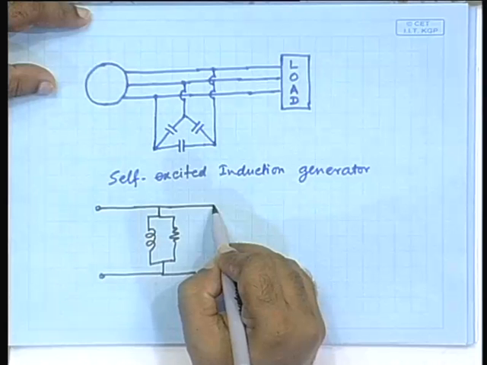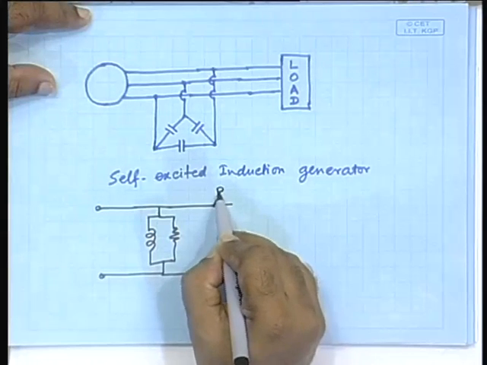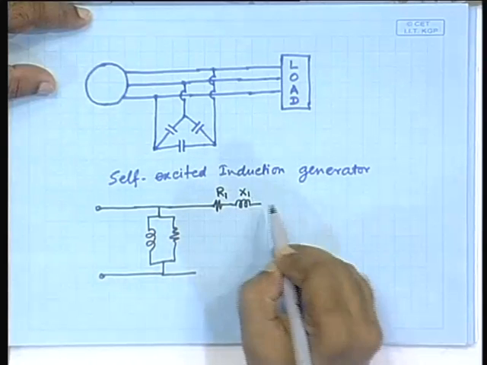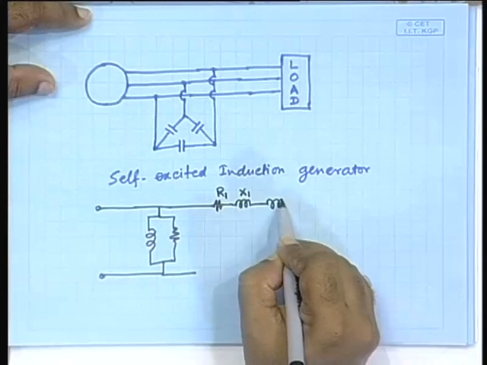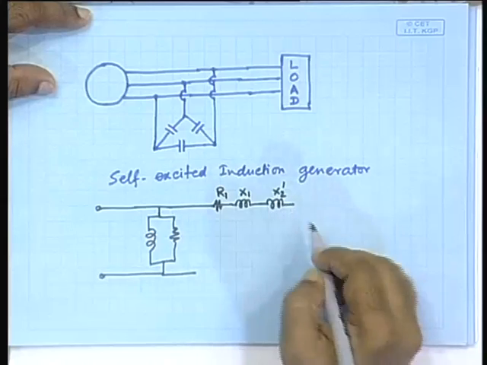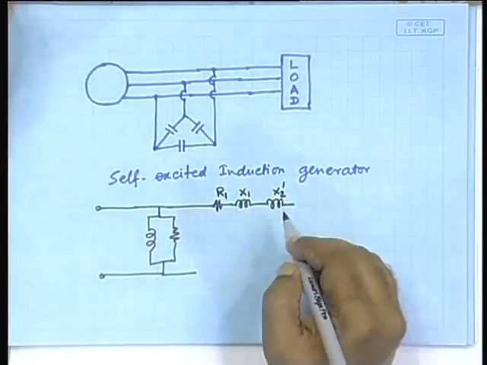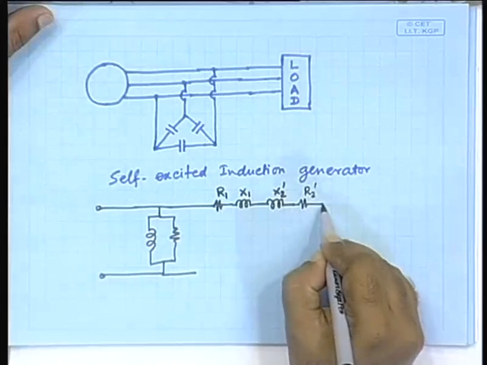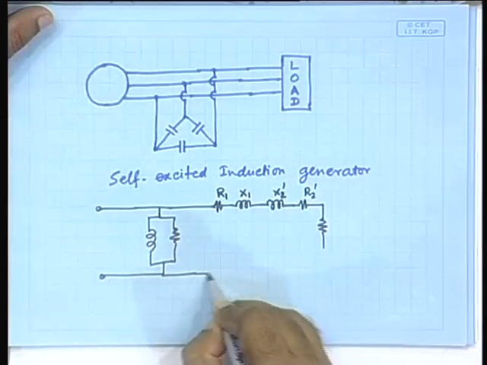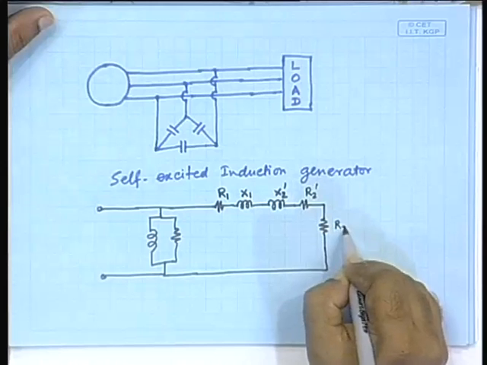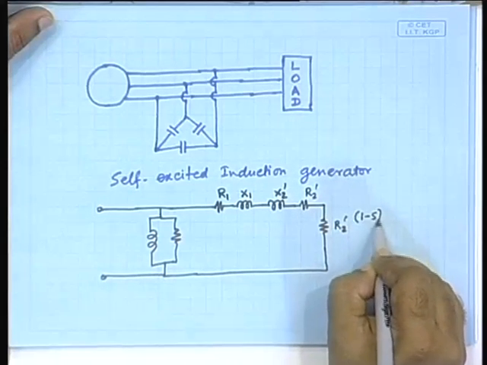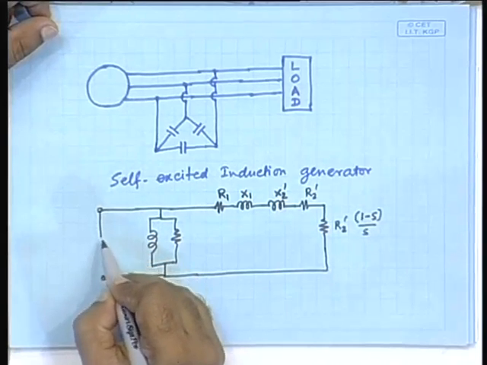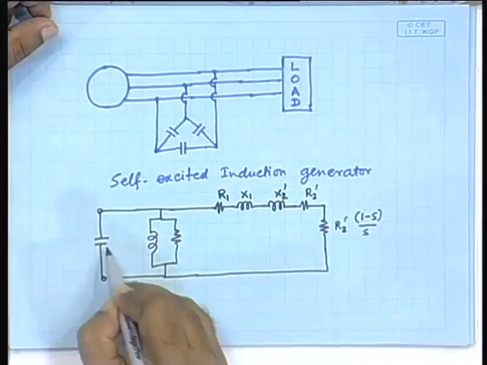It will be a resistance which is R1, an inductance which is X1, another inductance which is X2 prime, another resistance which is R2 prime, and then there is a variable resistance connected to it which is R2 prime (1 minus S) by S. And here at this terminal we had connected the capacitor.